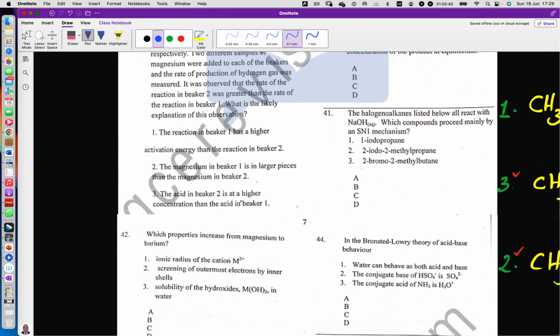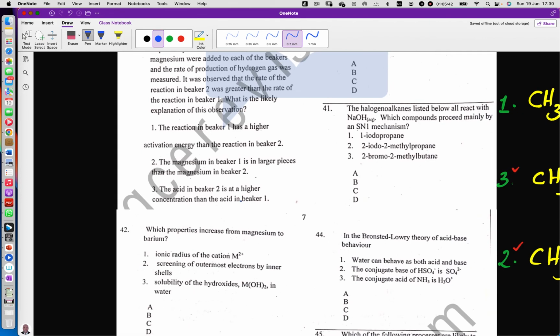Question number 41. The halogenoalkanes listed below all react with sodium hydroxide. Which compound proceeds mainly by SN1 mechanism? An SN1 mechanism, which we call nucleophilic substitution unimolecular, is one where only one reagent is involved in the rate determining step.